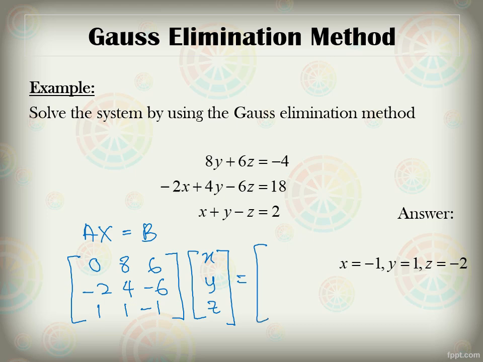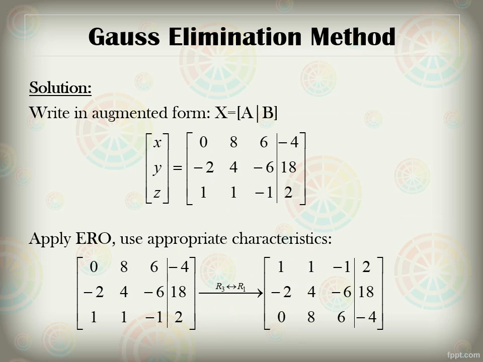And your matrix B is minus 4, 18, 2. Okay, so this is A, this is X, this is B. Next step, you need to rewrite your matrix into augmented form.